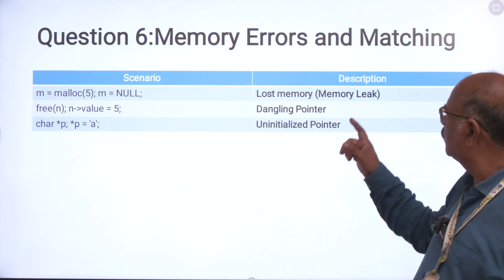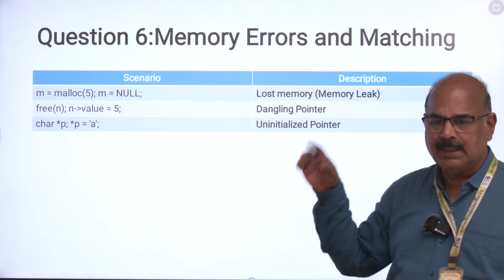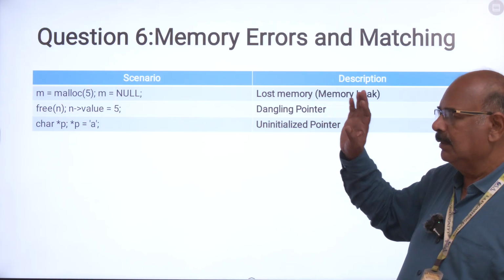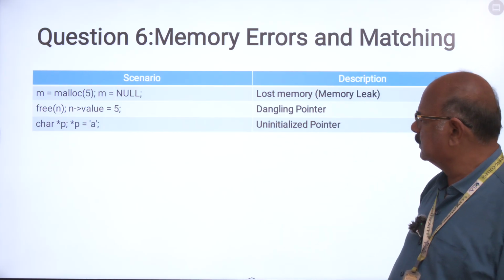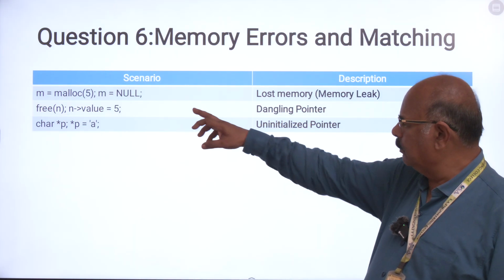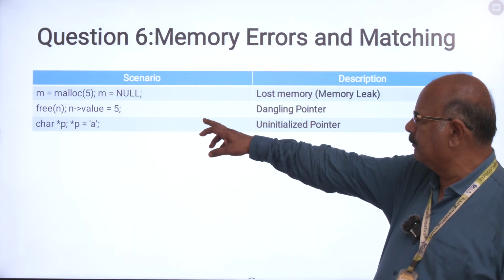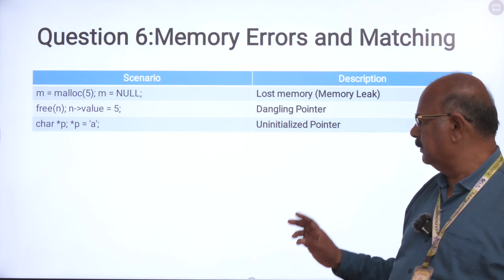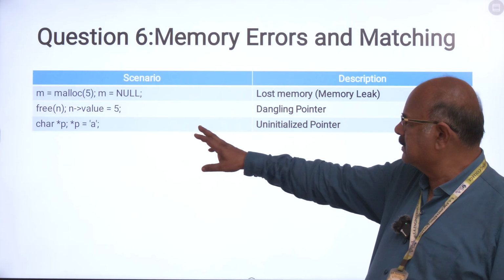Next, question number 4, memory errors and matching. It covers different types of things we use in memory and pointers. There are some scenarios, and we are giving the description here. The value of p is equal to malloc 5, then p is equal to NULL: here it is lost memory or memory leak. Next is comparing the matching.